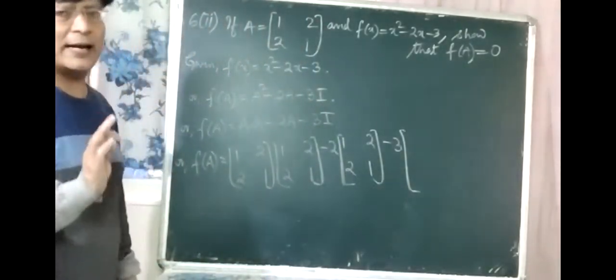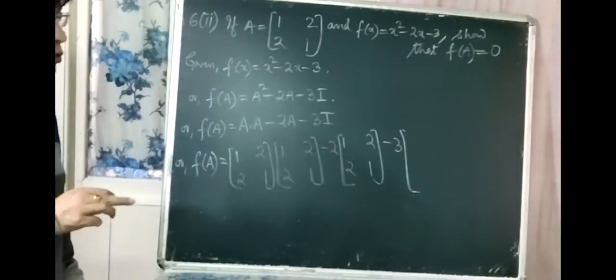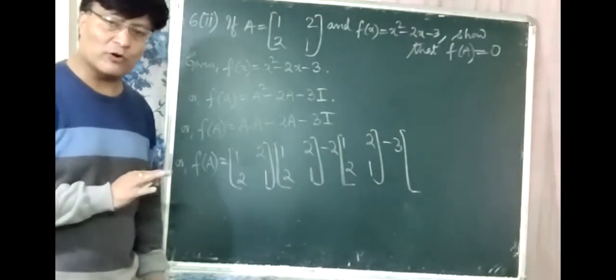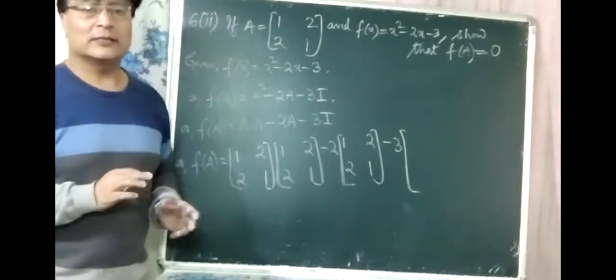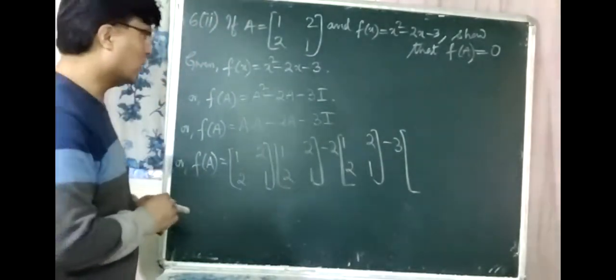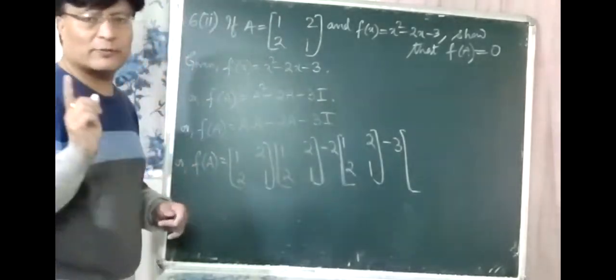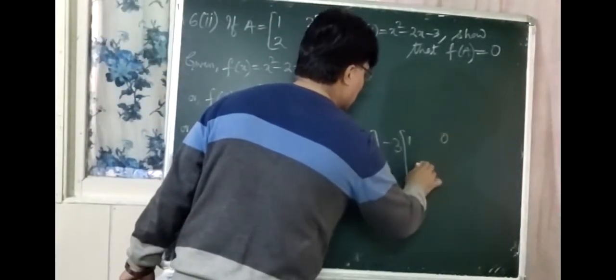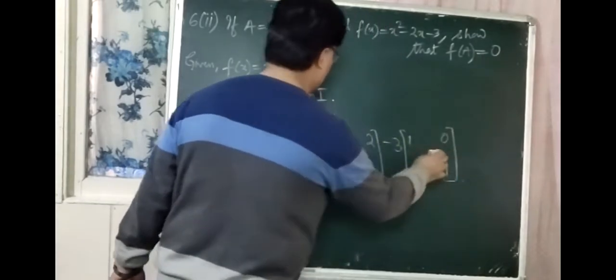This is the identity matrix of order 2. You have to write I as an identity matrix of order 2, since the given matrix A is of order 2 cross 2. So what is the identity matrix of order 2? It is 1 0 0 1, right?